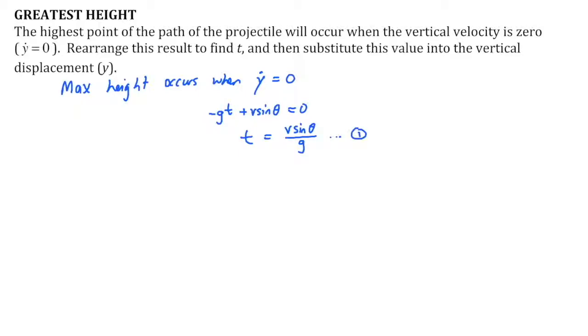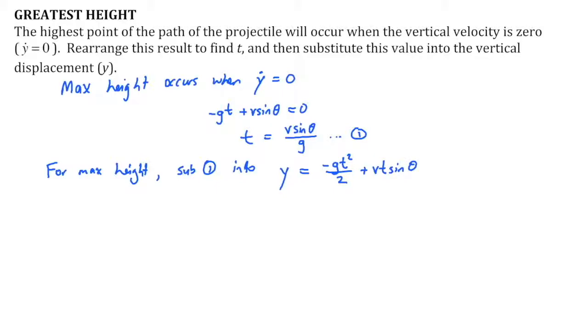Now, to find the maximum height, I call that 1. To find the maximum height, I'm going to substitute 1 into, so, for max height, we're going to sub the value for t into y equals, now this was formula number 6, minus gt squared over 2 plus vt sine theta.